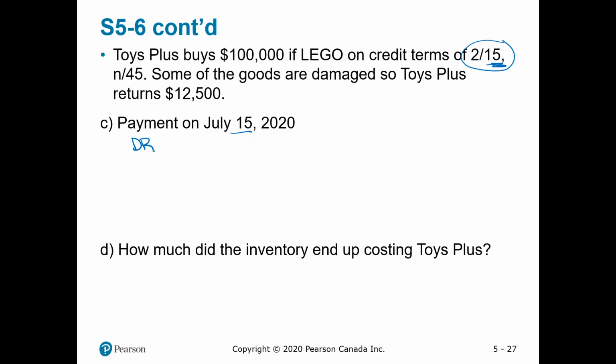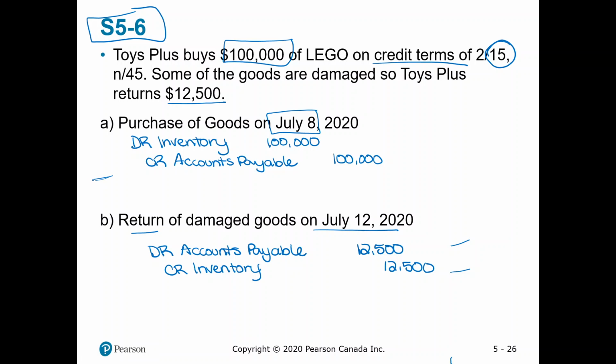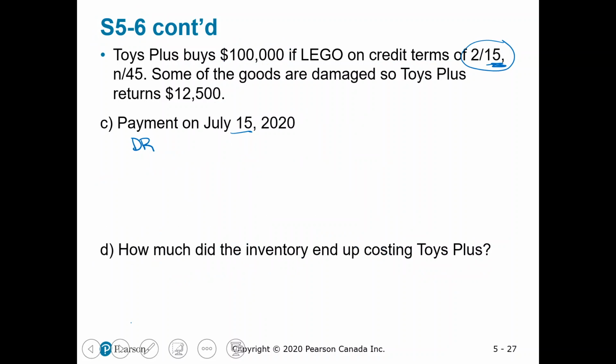But we also need to ask ourselves how much is due. So we purchased on the 8th, but then we also returned some of these goods on the 12th. So we need to know from our little T account, our original purchase was $100,000. We returned $12,500. Therefore, we're left with $87,500 still owing.